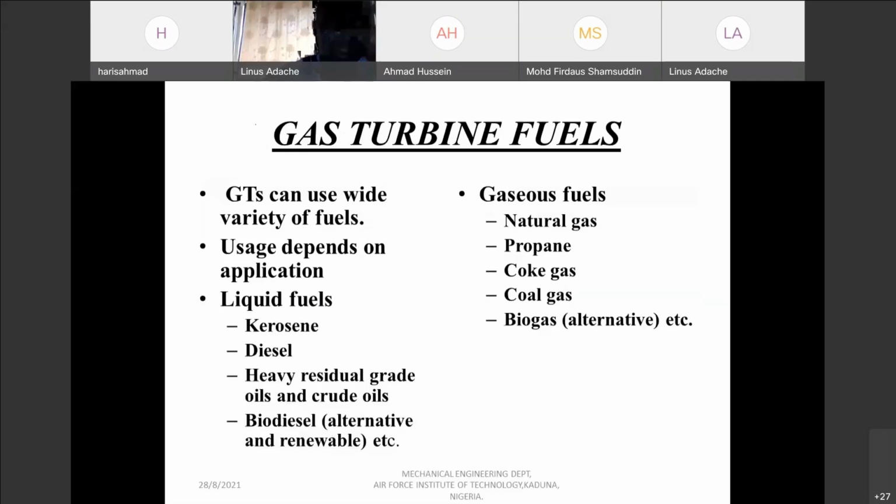Gas turbine fuel. A gas turbine can use a variety of fuels.